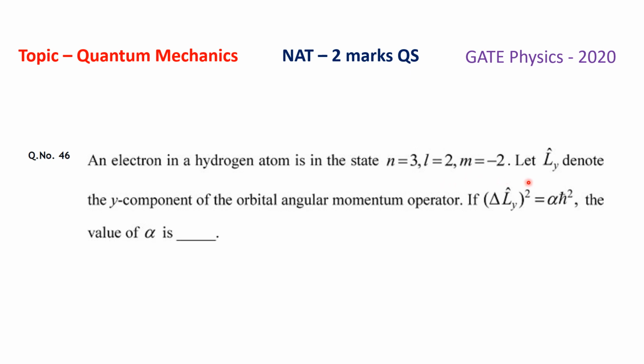Let Ly cap denote the y component of the orbital angular momentum operator. If (ΔLy)² equals alpha h cut squared, then the value of alpha is, so we have to find the value of alpha in this equation. Let us see how to solve this problem.